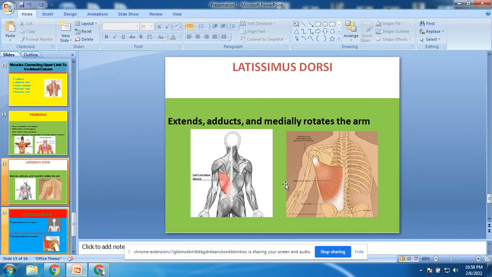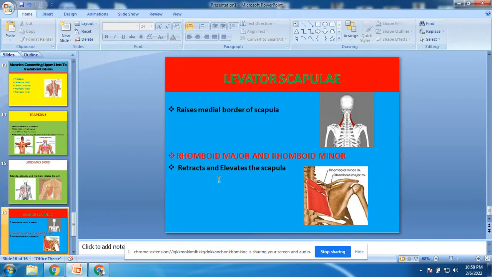Latissimus dorsi, extends, adducts and medially rotates the arm, like this. Levator scapula raises medial border of the scapula. Then rhomboid major and minor retract and elevate the scapula, like this. Movement of scapula.